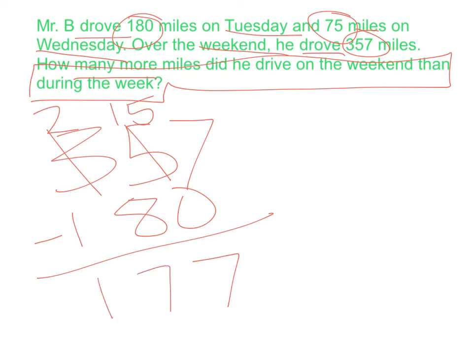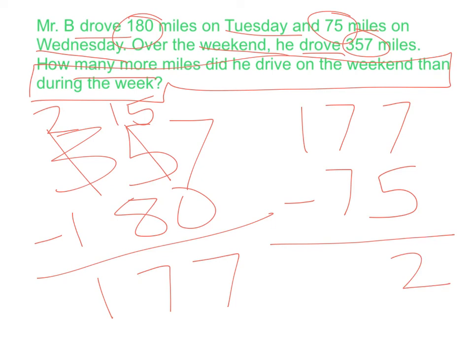Then that's the difference between the weekend and Tuesday. So now I need to take the difference between that and Wednesday, which then I arrive at 102. So either way I ended at 102 miles.